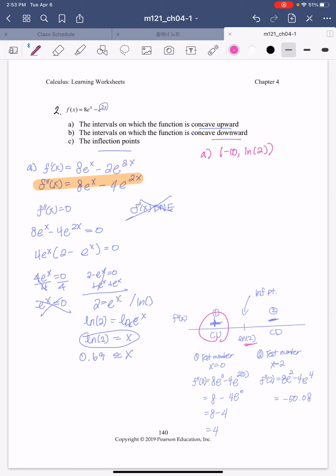Okay, just double checking with my work on the side, so it looks good. I got the same answer.